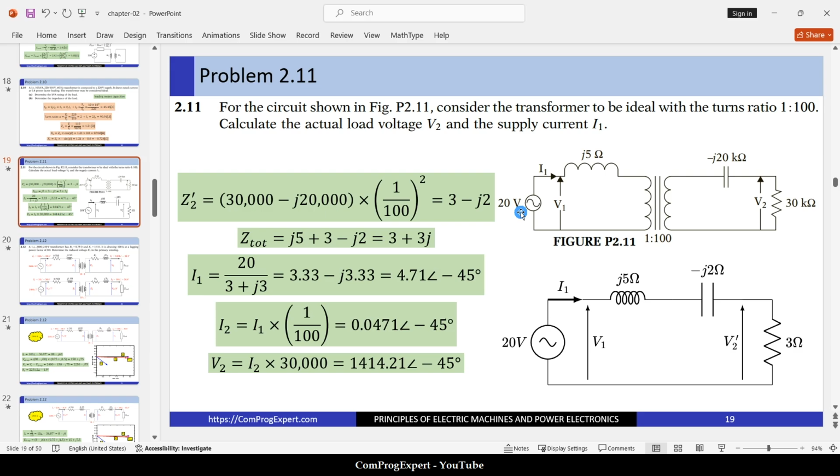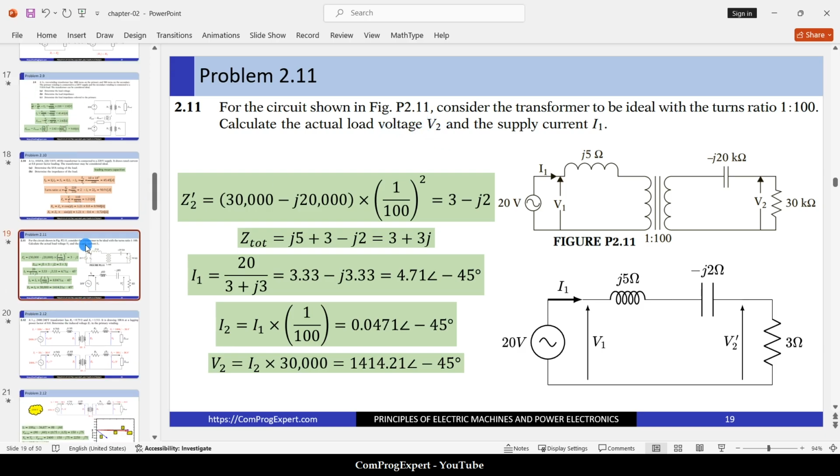Okay, so how can we solve this circuit? We can transfer the components, right? These elements from the secondary side to the primary. So we will have this circuit, and simply we can solve this circuit, calculate the components, and then transfer the value of V2 again to the secondary to calculate the actual value of V2.